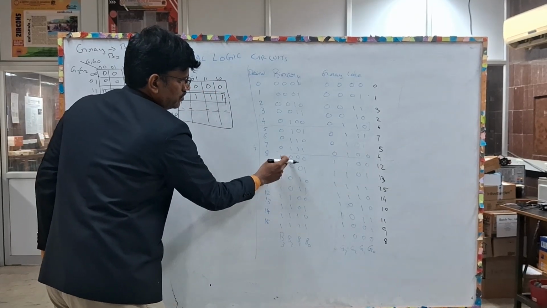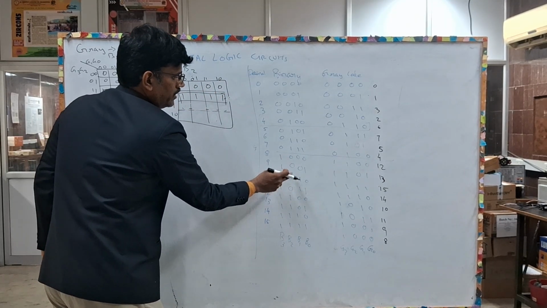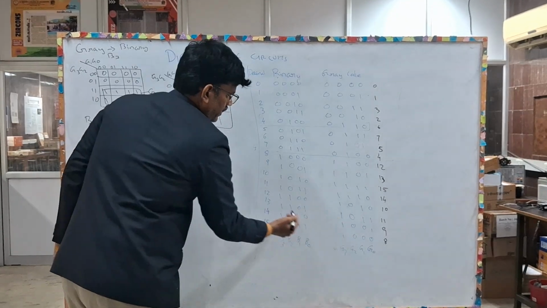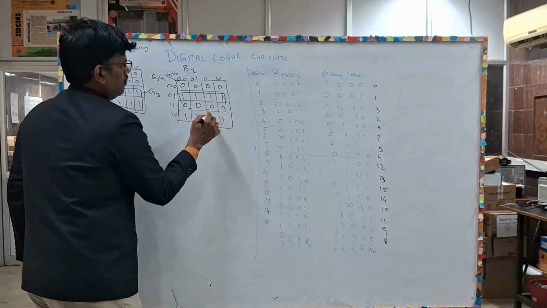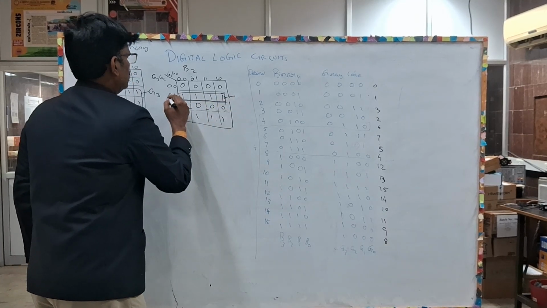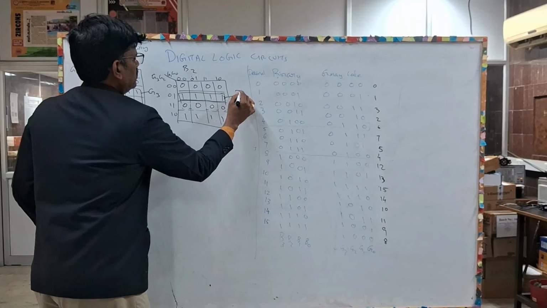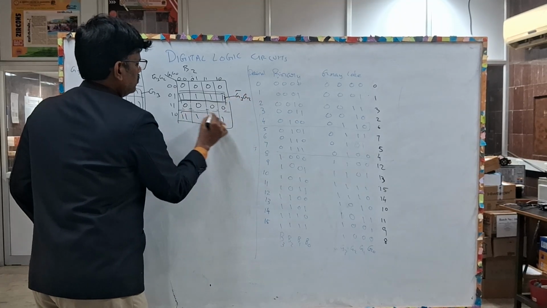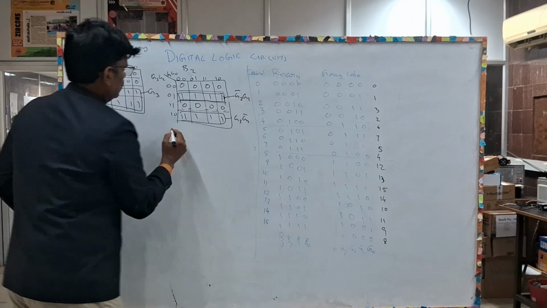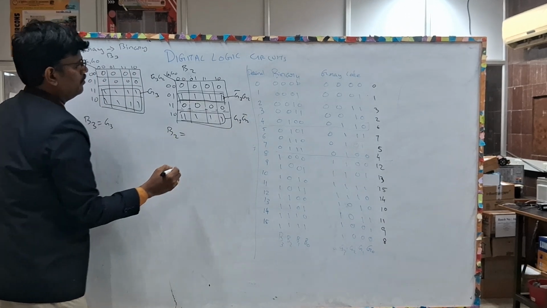When you try to group, you can have the grouping of this, and this is going to be G3 bar G2, and this is going to be G3 G2 bar.